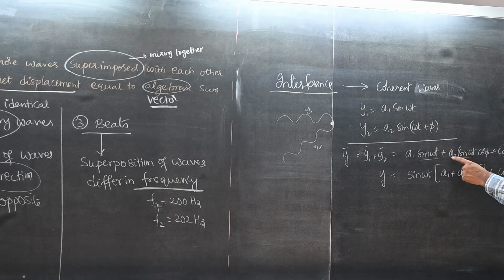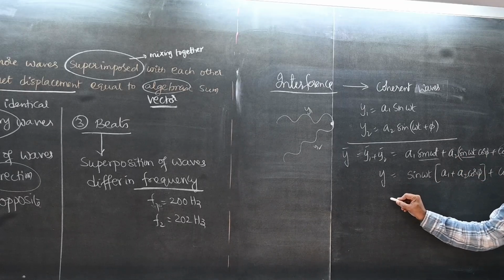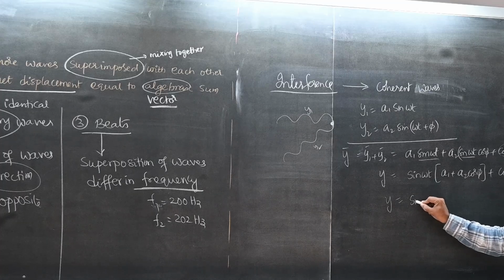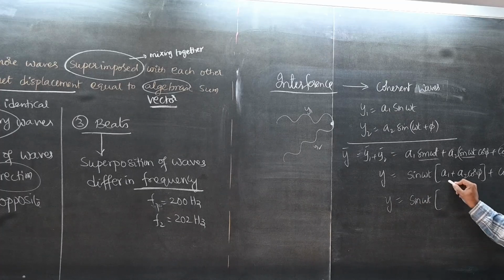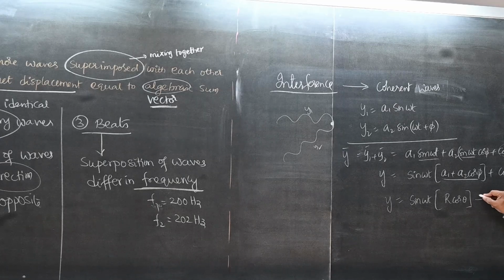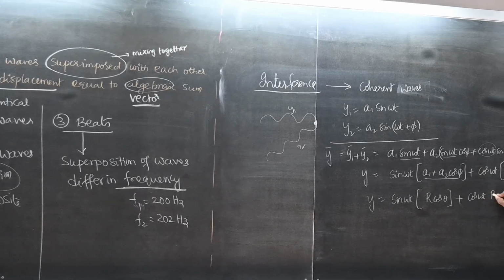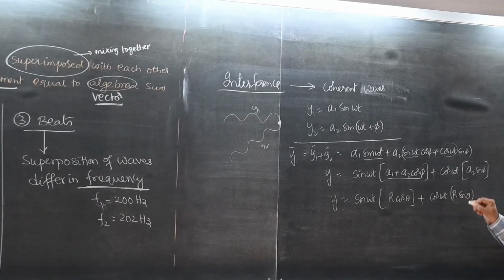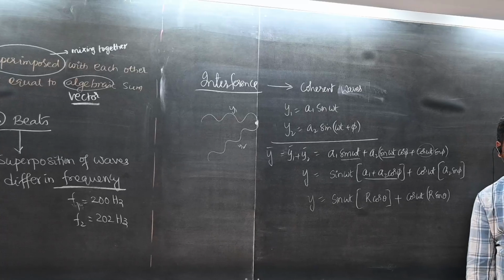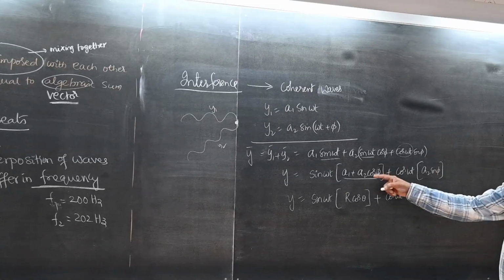Understood? I took cos omega t, a2 into sin phi. So this is the equation. Now in this equation I can write this as R cos theta, and this as R sin theta.